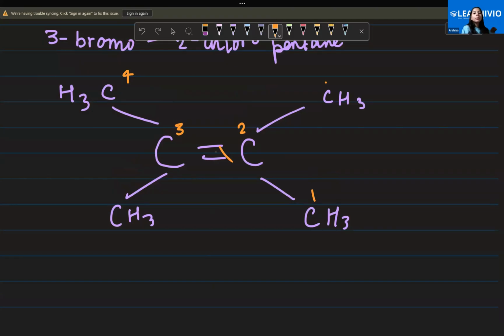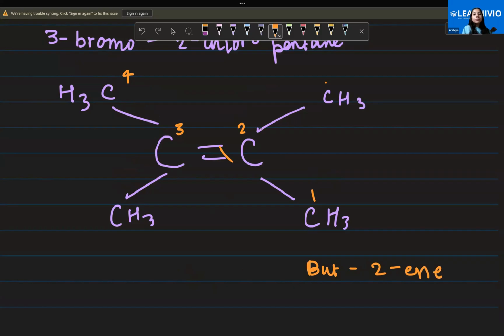Yes. And at what number is the double bond forming? 2. Yeah, 2. If it was at 3, it would have formed here, but it's at 2. Okay. So but-2-ene. So I know that everything is forming on but-2-ene.